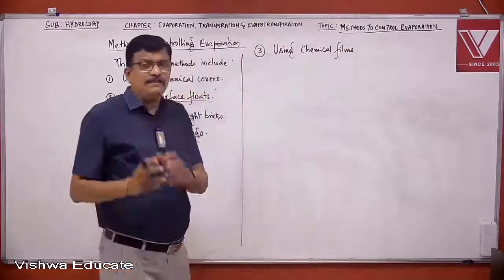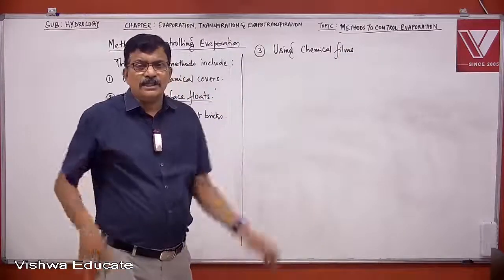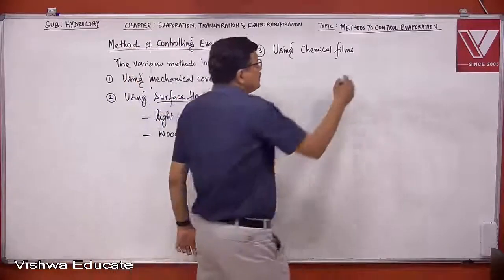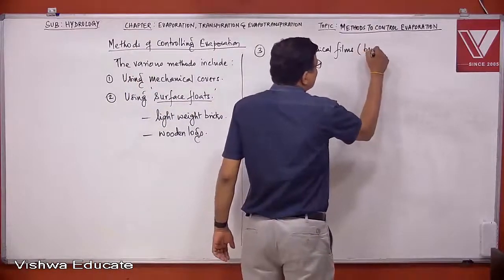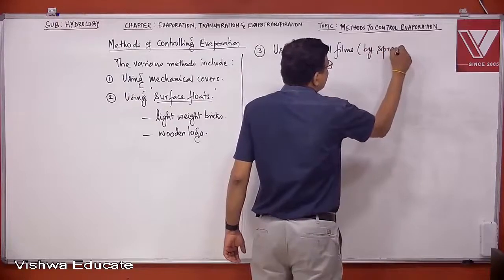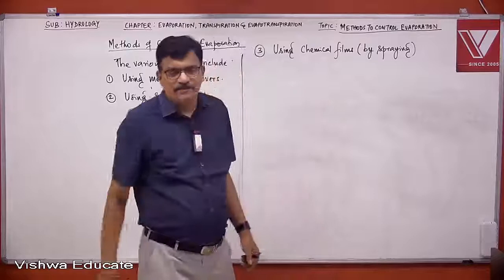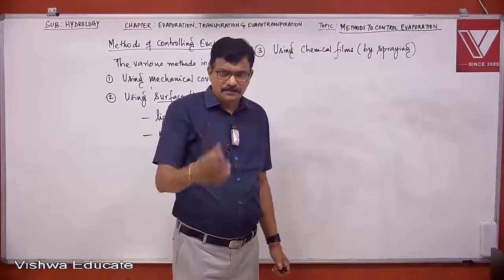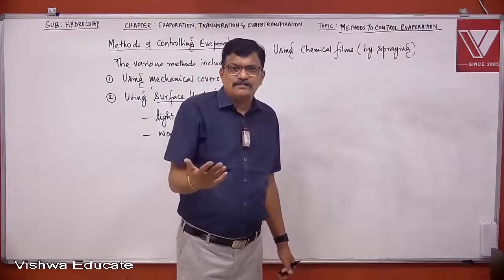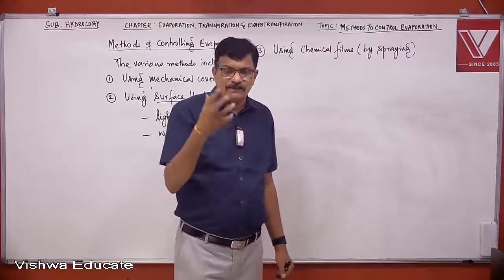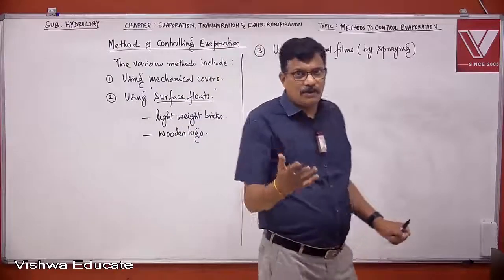Now when I say films, you might mistake it to be a sheet. Basically it is by spraying chemicals. We spray the chemicals onto the top of water. Such chemicals should be lighter than water. They should have density lighter than water.